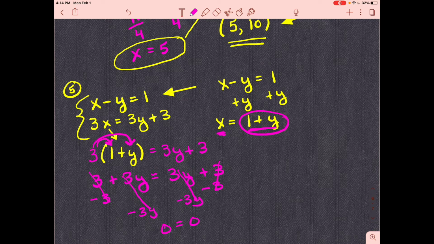Or truly, 3 plus 3y is the same thing as 3y plus 3. This is an identity. It means that there are infinitely many solutions. We called that consistent. We called that dependent.